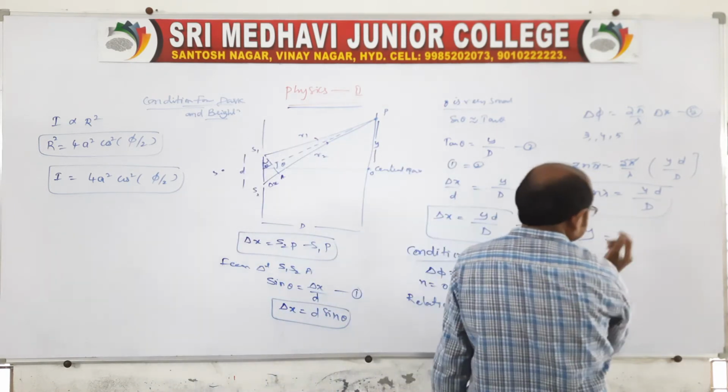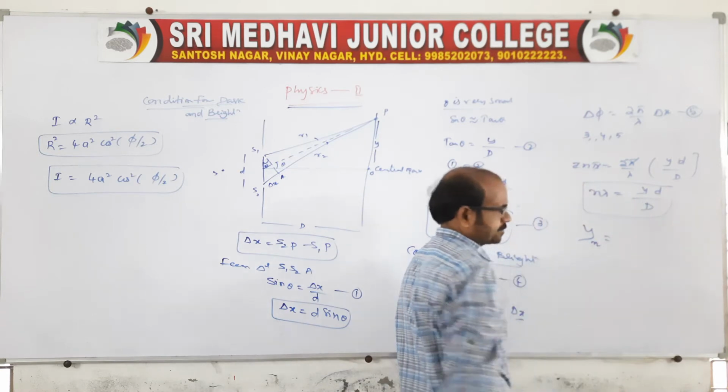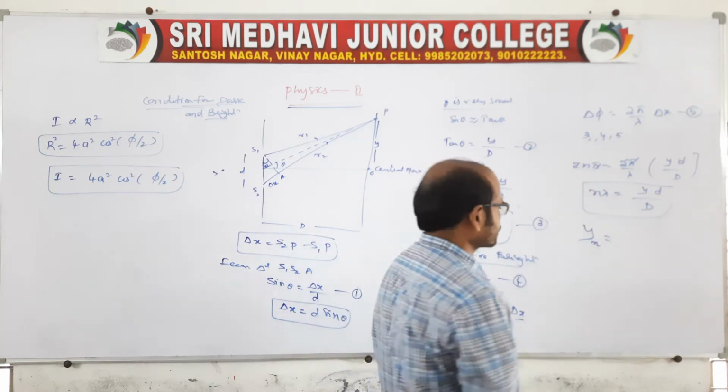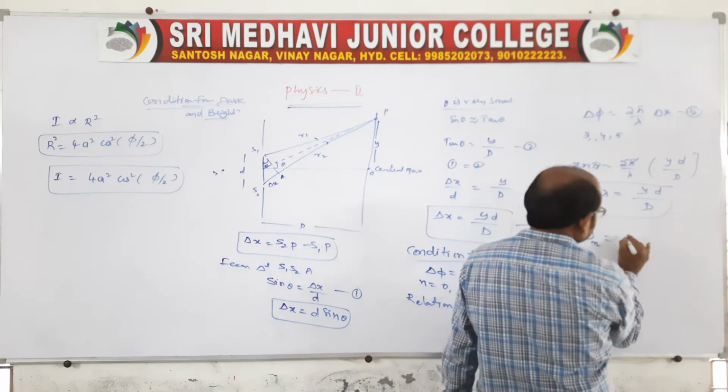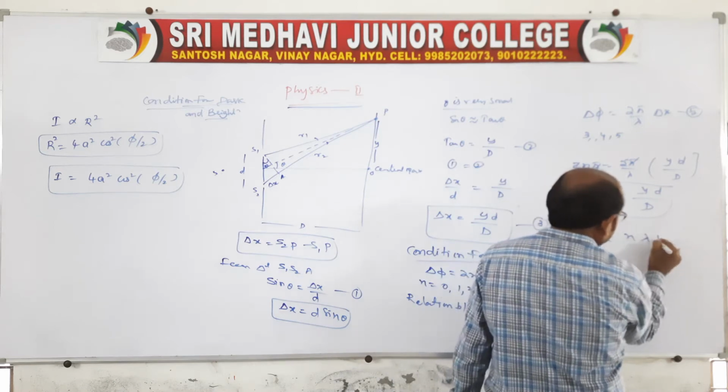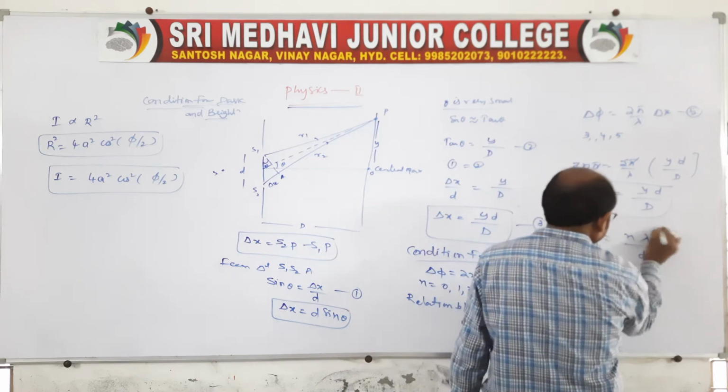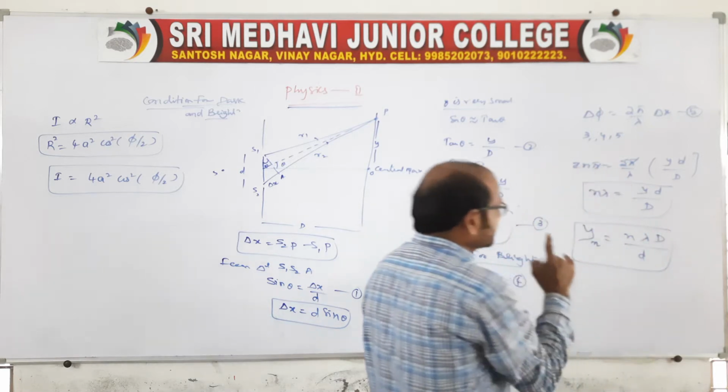Here y is the nth bright band. Cross multiplying, yn is equal to n lambda D by small d. This is the bright band condition.